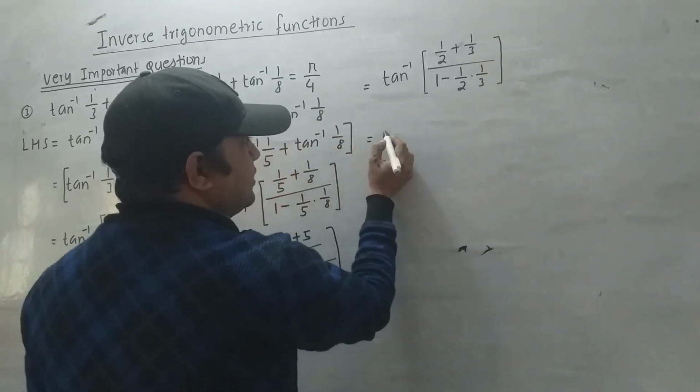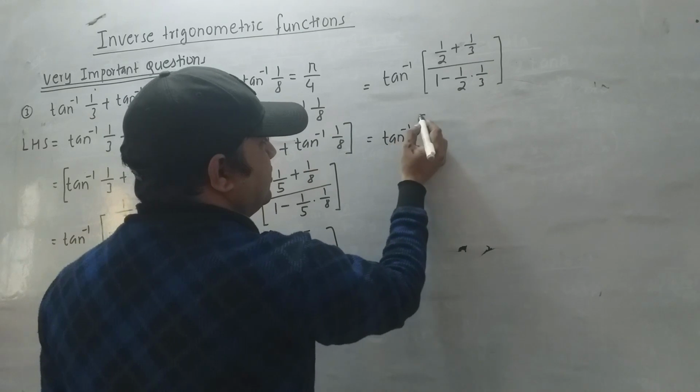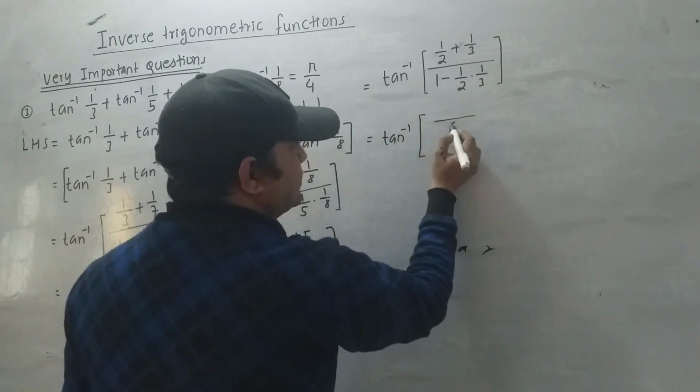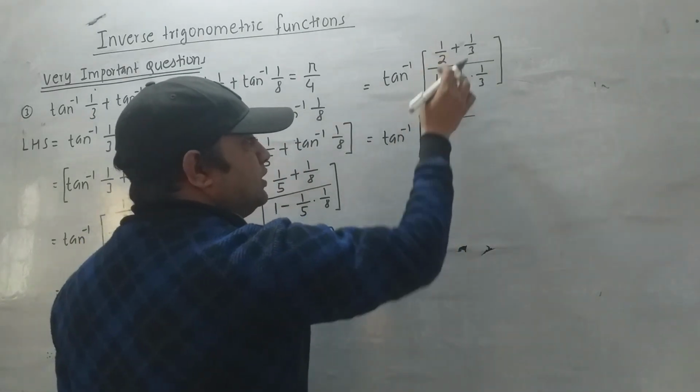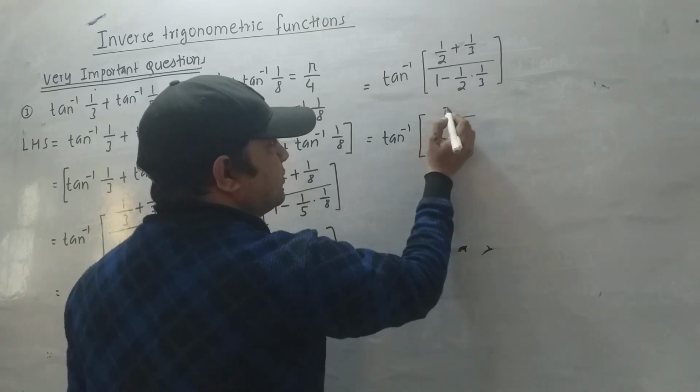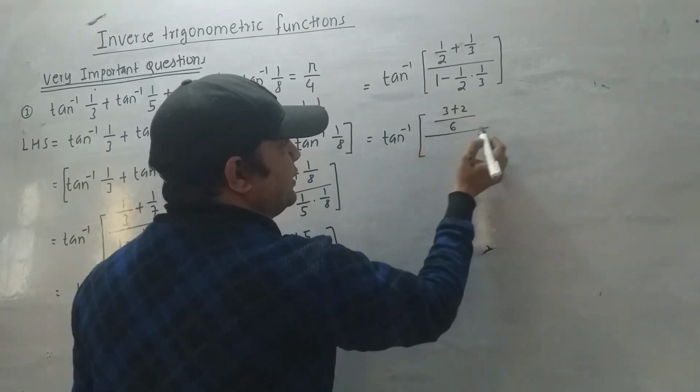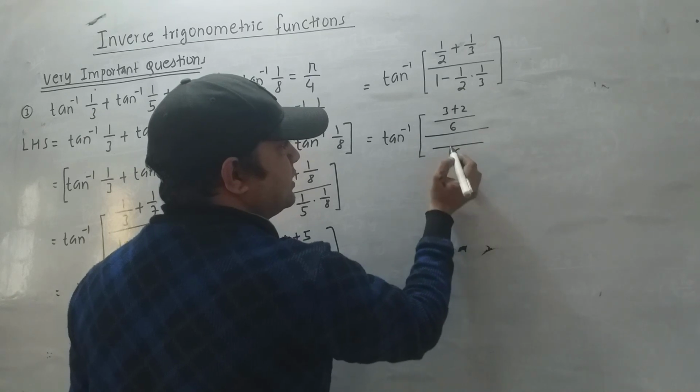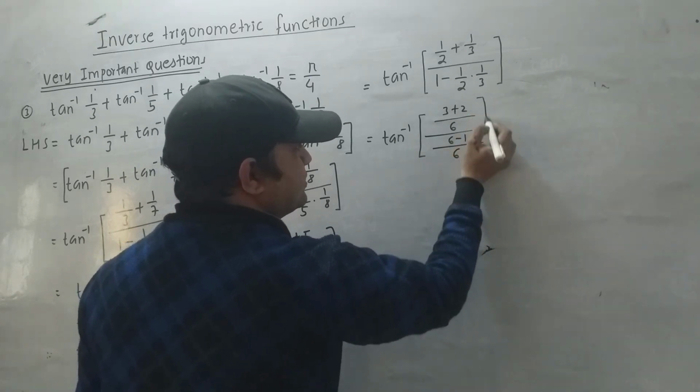Continue with similar steps. Tan inverse, the LCM is 6. 2 will divide this 6, you get 3, plus 2, whole divided by 6 minus 1.